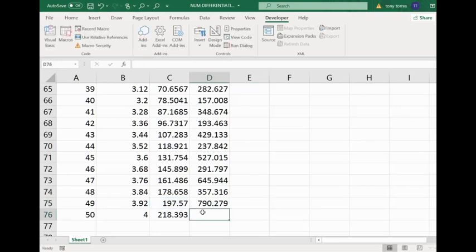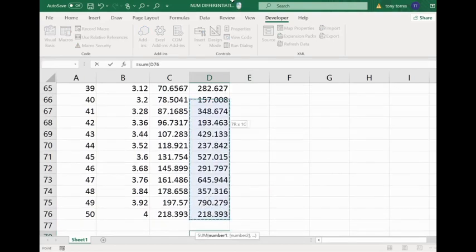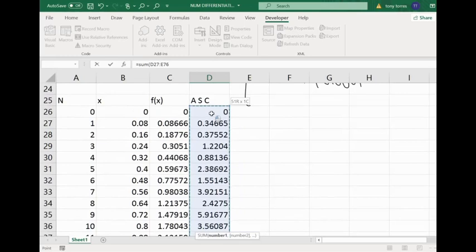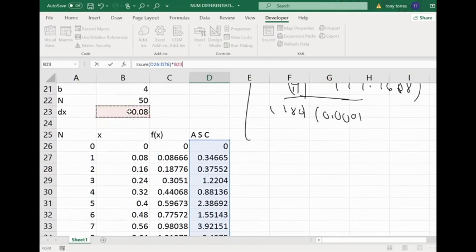And this just goes the way it is. And now the sum equals the big sum of everything from this to here. And that has to be multiplied by delta x over 3.